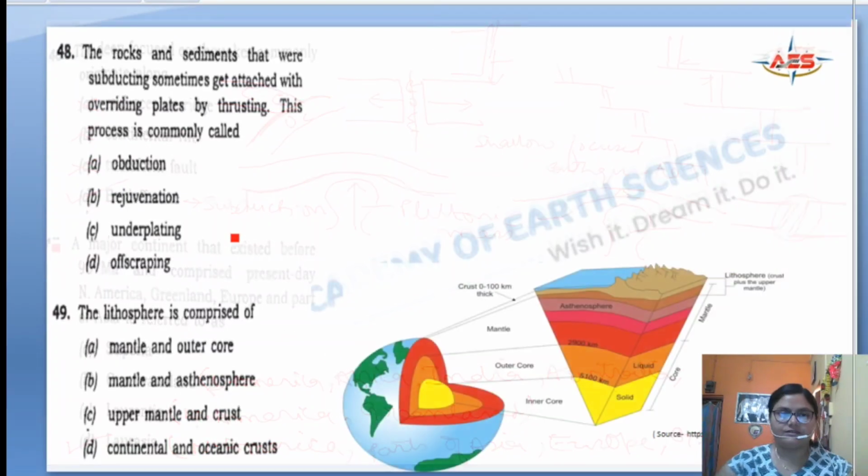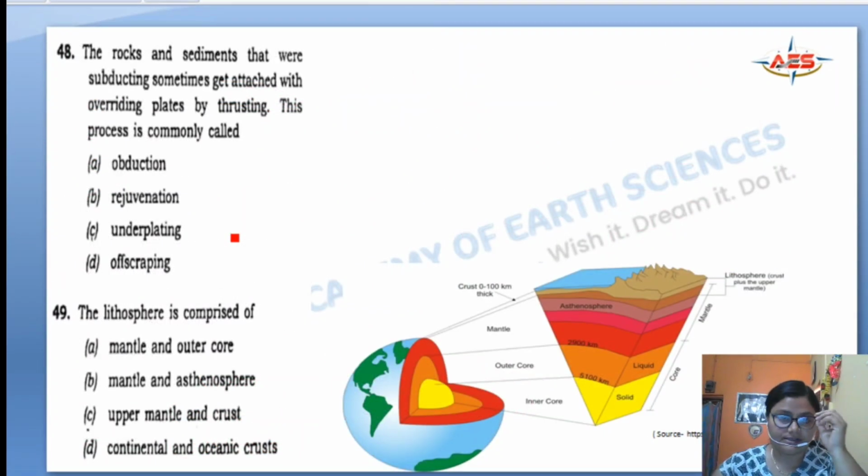Okay. Next question, we have question number 48. It is given that the rocks and sediments that were subducting sometimes get attached with overriding plate by thrusting. This process is commonly called as abduction, rejuvenation, underplating, offscrapping. क्या होगा?